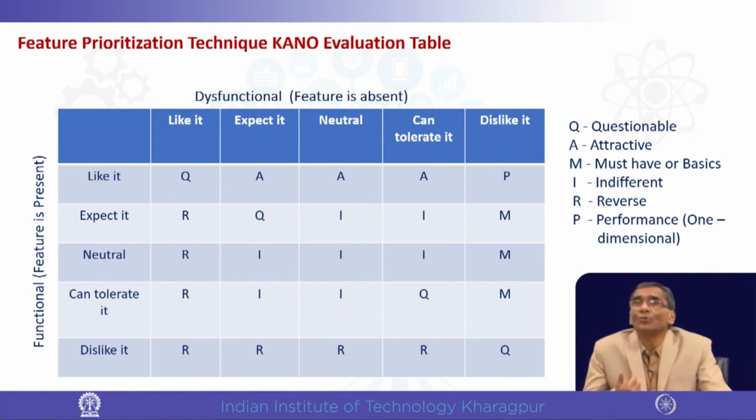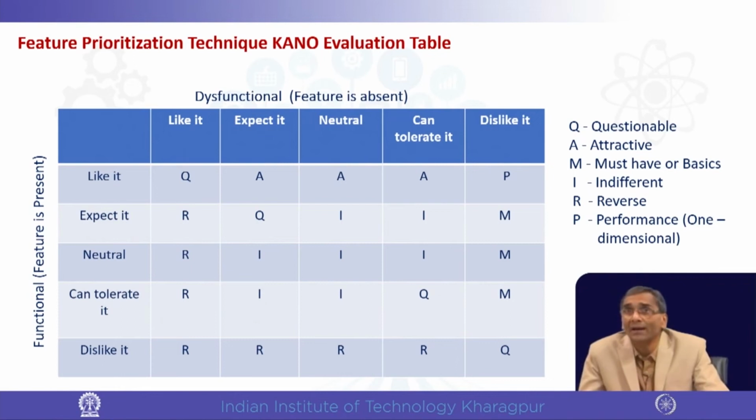Like this, the 20-25 features a product will have will be checked with the customer. So, if there are 20 such features, 20 such tables will be filled up by each customer, which here in this case is 12.